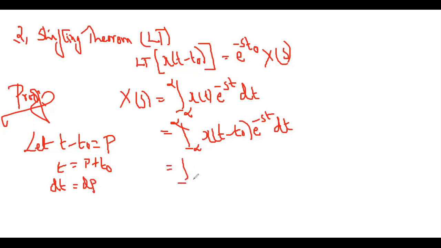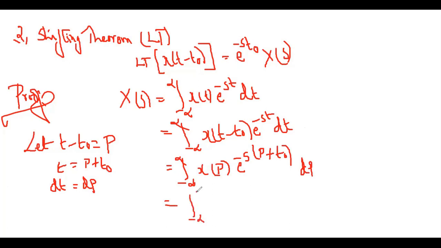Substitute here: minus infinity to infinity x of p e power minus s into what is the t value? p plus t naught, into dp, as dt is equal to dp.